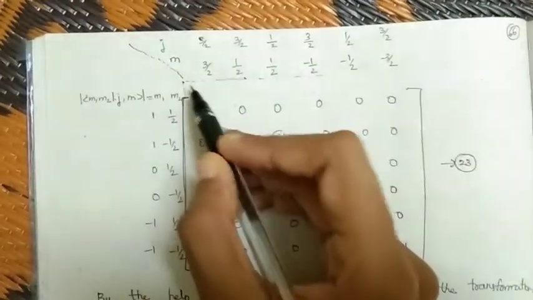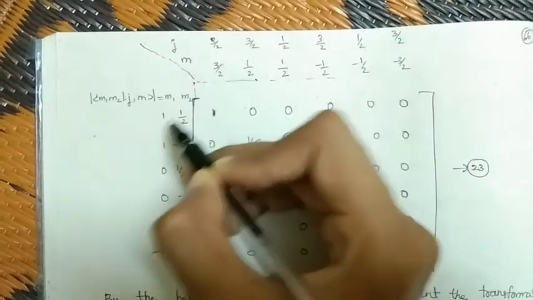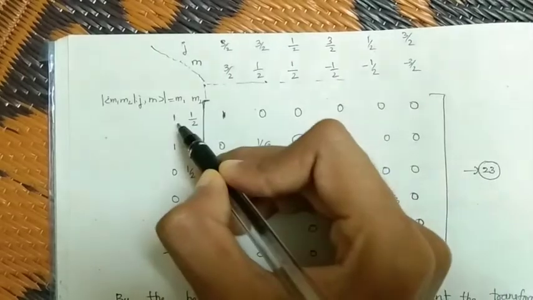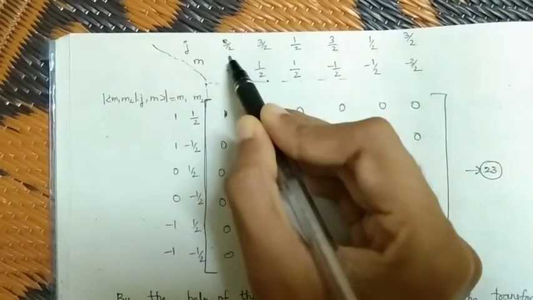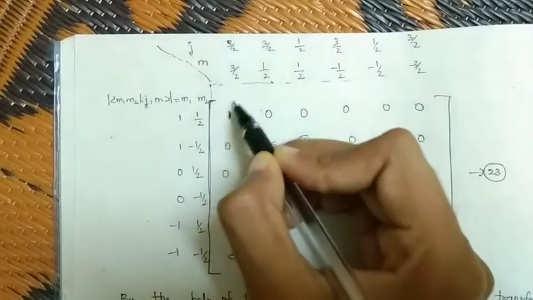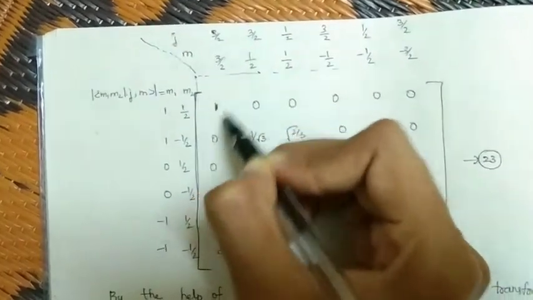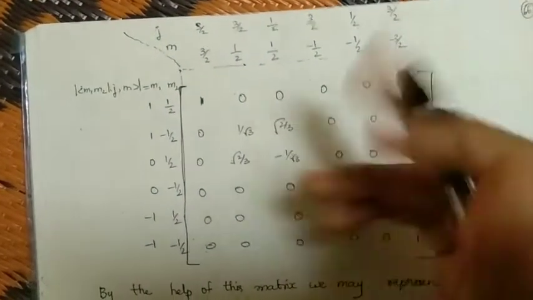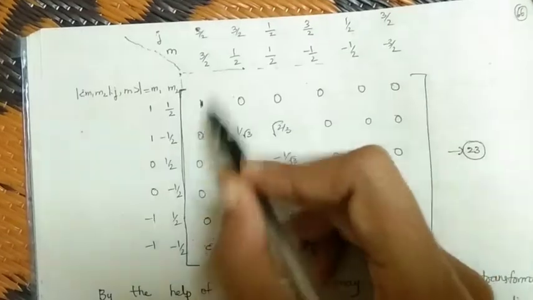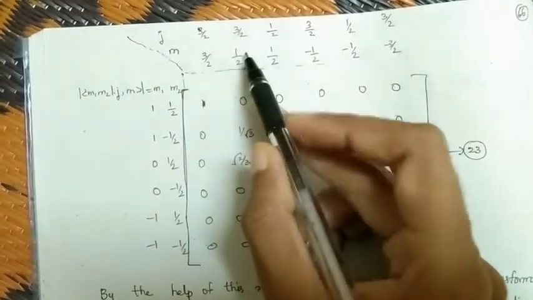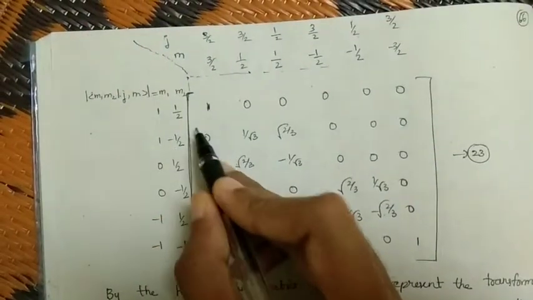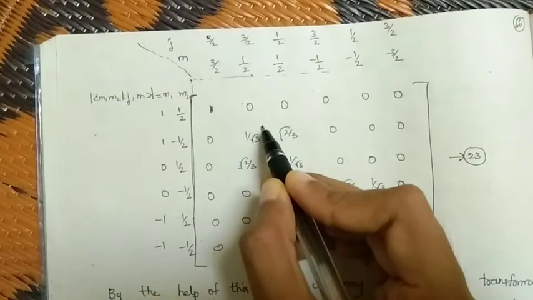And also if we observe from here, when m is equal to m1 plus m2, here what is m1 plus m2? 1 plus half is 3 by 2. So when m is 3 by 2, m1 plus m2, in that case we are having 1. In all the remaining cases it is 0. In the same manner, in the next case, m is equal to m1 plus m2, m is half, that means 1 minus half is half, so we have a non-vanishing Clebsch Gordan coefficient.